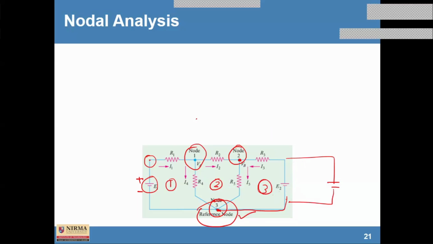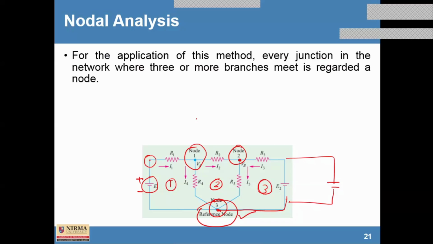And in each and every circuit, you can identify this reference node. It is also known as the datum node, D-A-T-U-M. In different books, it is named the datum node. So we need to identify the datum node. Okay. So let us discuss one by one.